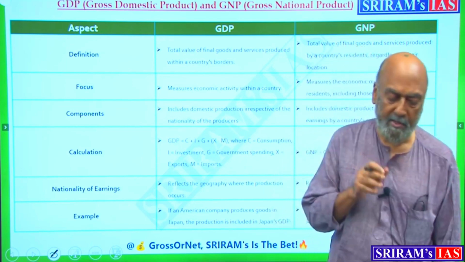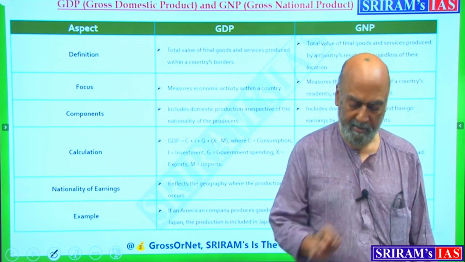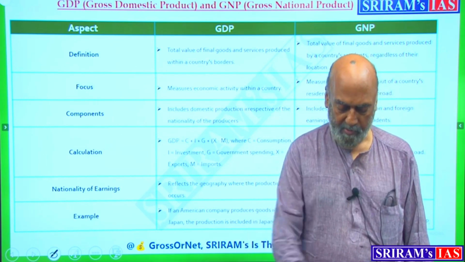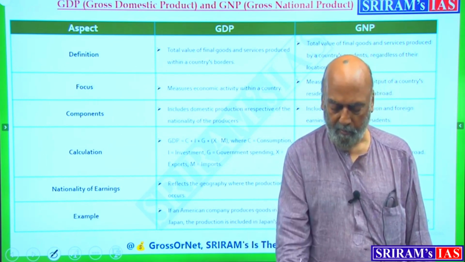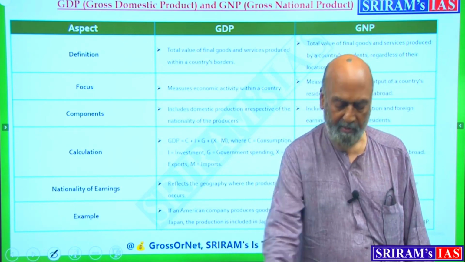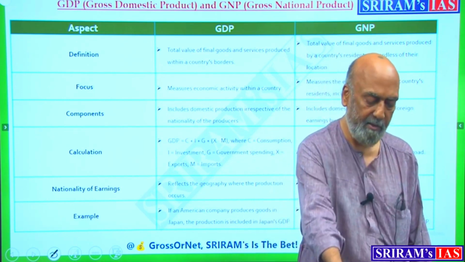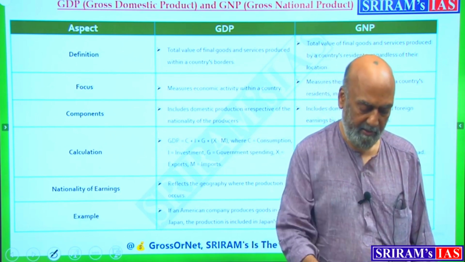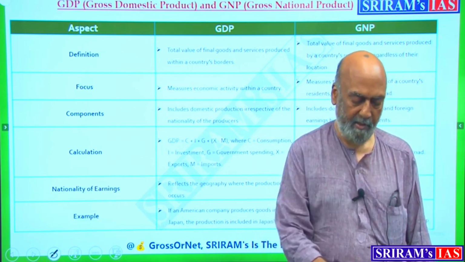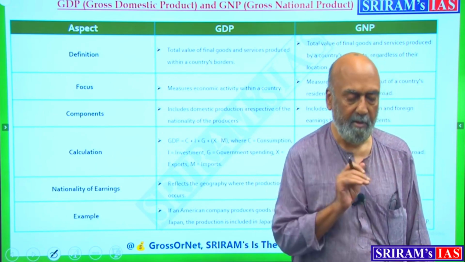Because Indians outside India are producing only 9. Foreigners inside the country are producing 10. This goes out because it's a national concept, not a geography concept. And this goes out, the foreign part, and the nationals outside India add in 9, out 10, in 9, net is 99. That is called the net factor income.